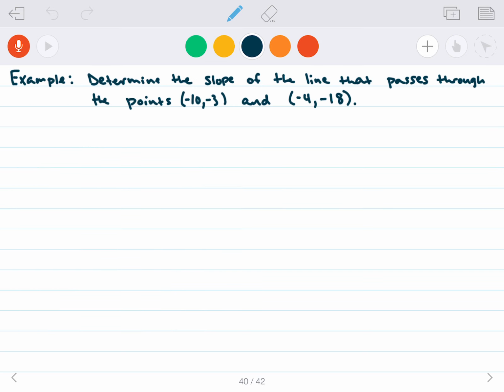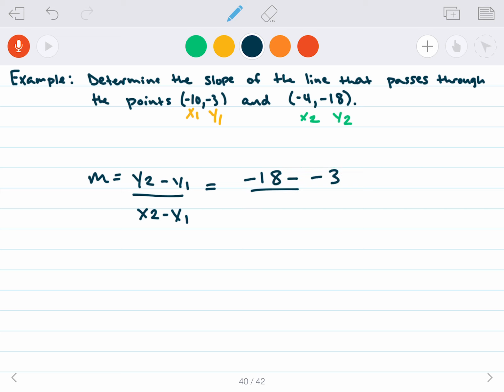Okay, let's try this one. So I'll call this x1, y1. And again, I could have easily called that x2, y2, and this other one x1, y1, but it doesn't matter. So our formula, we have y2 minus y1 all divided by x2 minus x1. So y2 is negative 18, y1 is negative 3, over x2 is negative 4, minus x1 is negative 10.